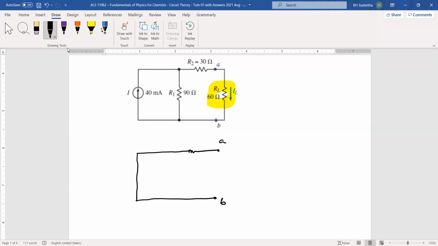This is point B. Here we have a 90 ohm resistor. And this current source. This is 30 ohm.